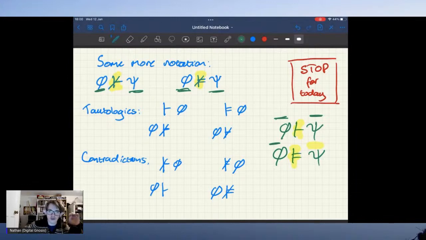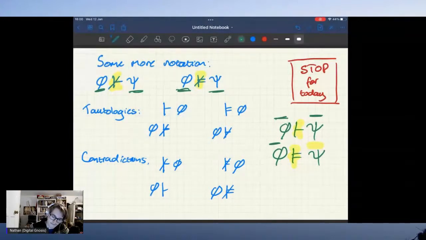Okay, now let's talk about tautologies, something which you may have heard before. A tautology just means always comes out true. Our first way of writing this is a syntactic tautology.